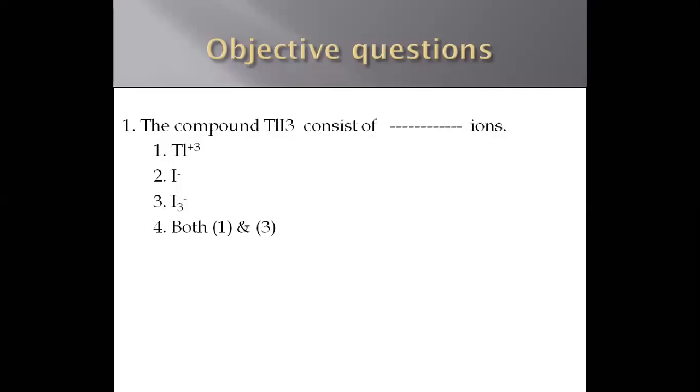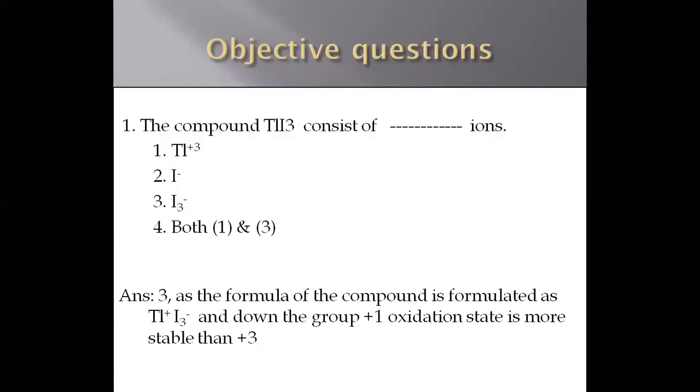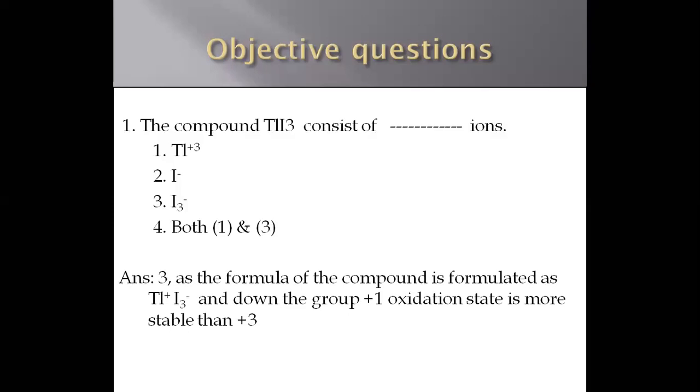I3 minus, triiodide ion. So the third option is the right one. Instead of 1, if it were +1, it would be a correct option. The compound is formulated as Tl+ I3 minus, and down the group the +1 oxidation state is more stable than +3. So the answer is the third option.